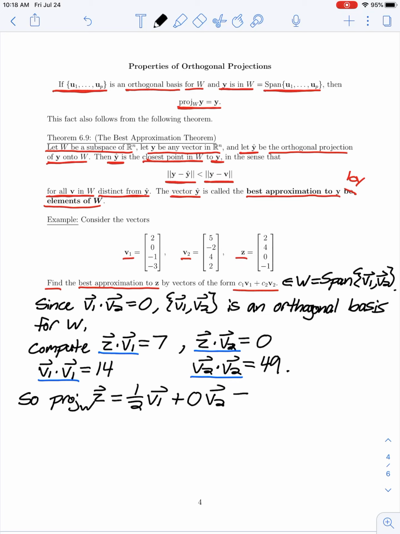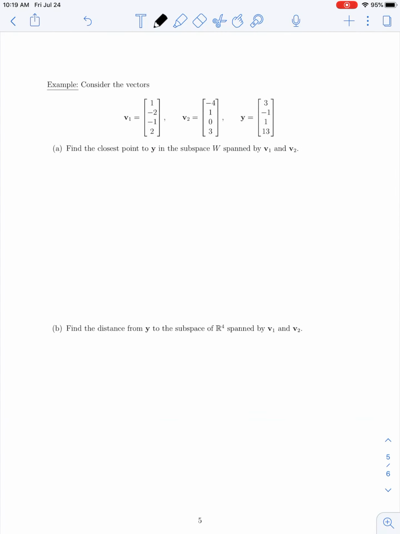So we have just half of v1, which gives us the vector (1, 0, -1/2, -3/2). And this is our best approximation of z by elements of W. It is that orthogonal projection.